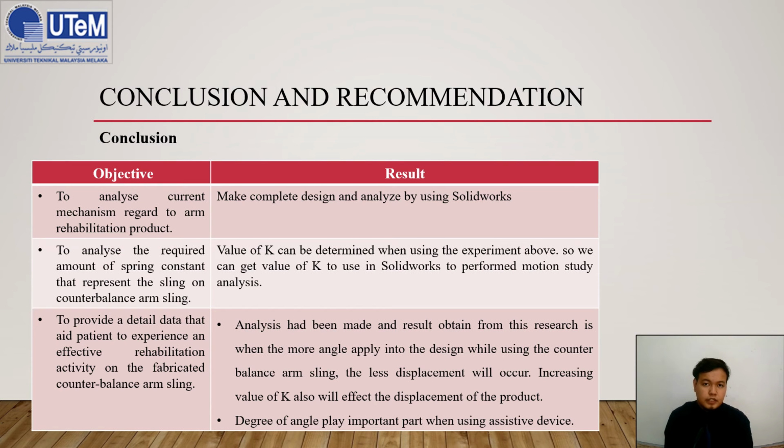As we perform the motion study analysis and got the result from that experiment, we conclude that the more angle we apply on the product with the higher K constant, the less displacement we will gain from the motion study.